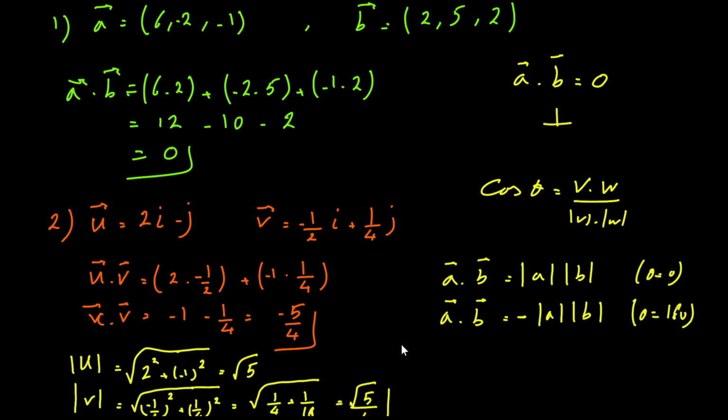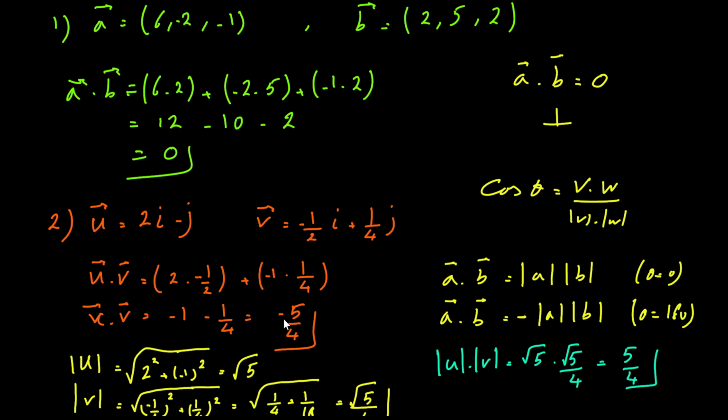If we multiply these two magnitudes, root 5 times root 5 over 4 gives me 5 over 4.